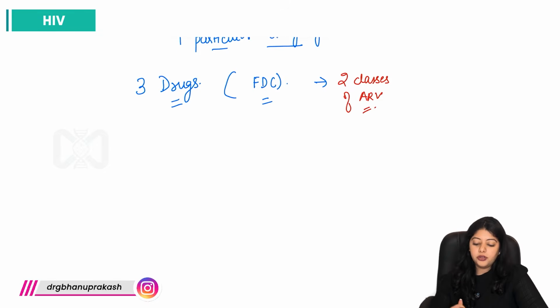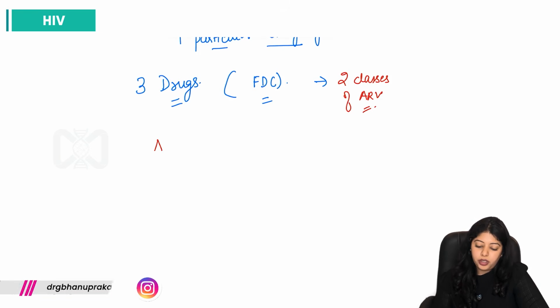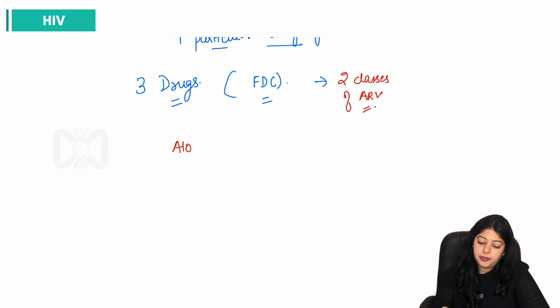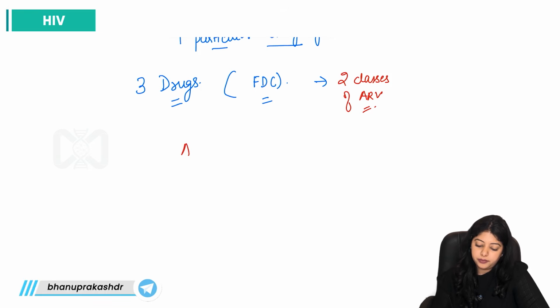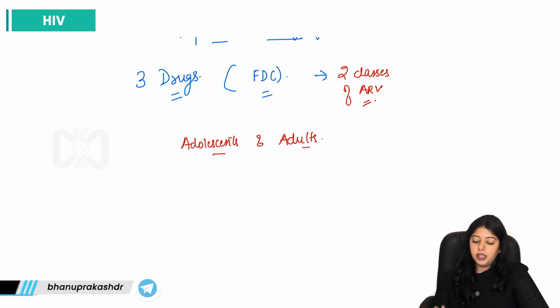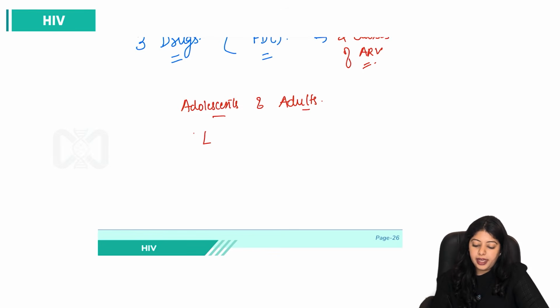So what are the drugs which are NACO recommended for adolescents and adults? These include TLD.